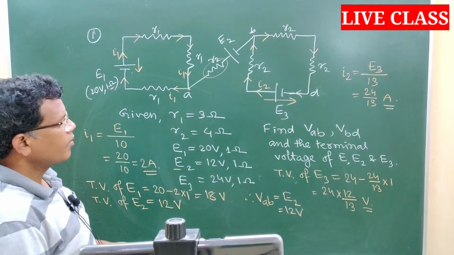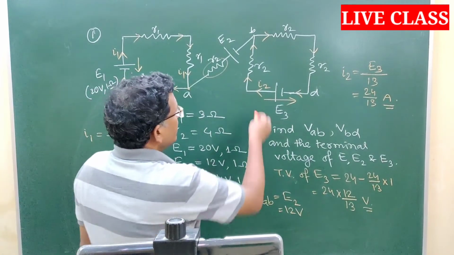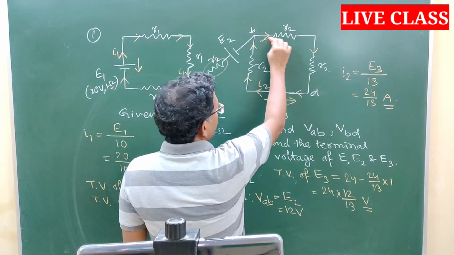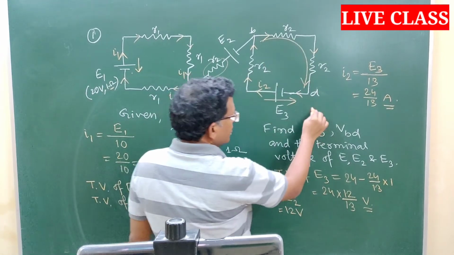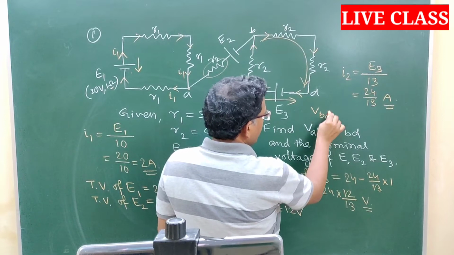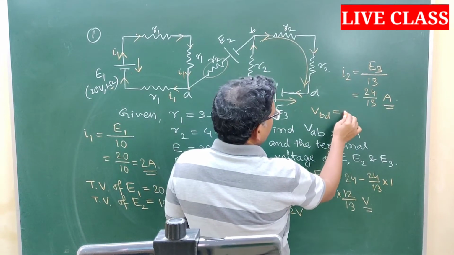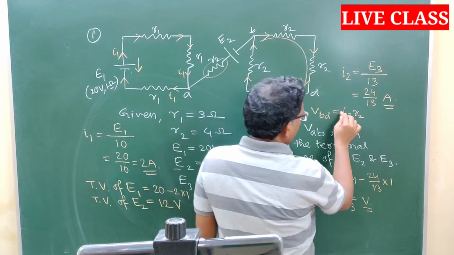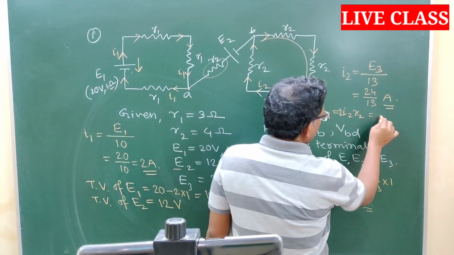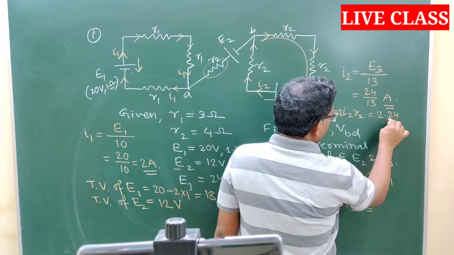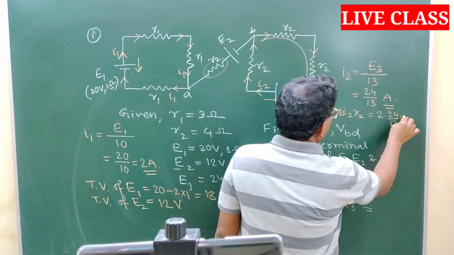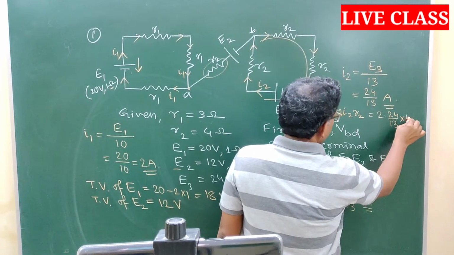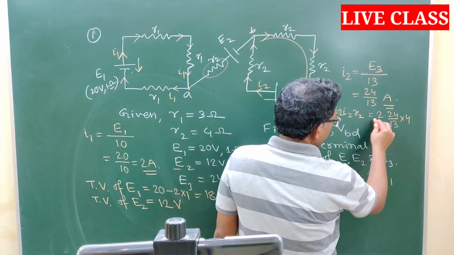Okay, and from B to D, I can go through this connected path. So the potential difference from B to D will be I2 R2 plus I2 R2, that means twice I2 R2. So 2 times I2, which is 24 by 13, into R2 resistance, which is 4.